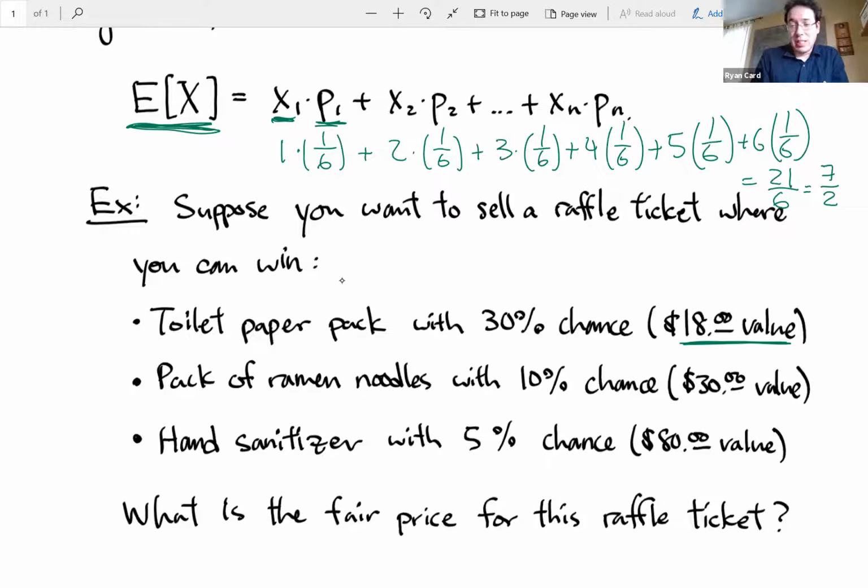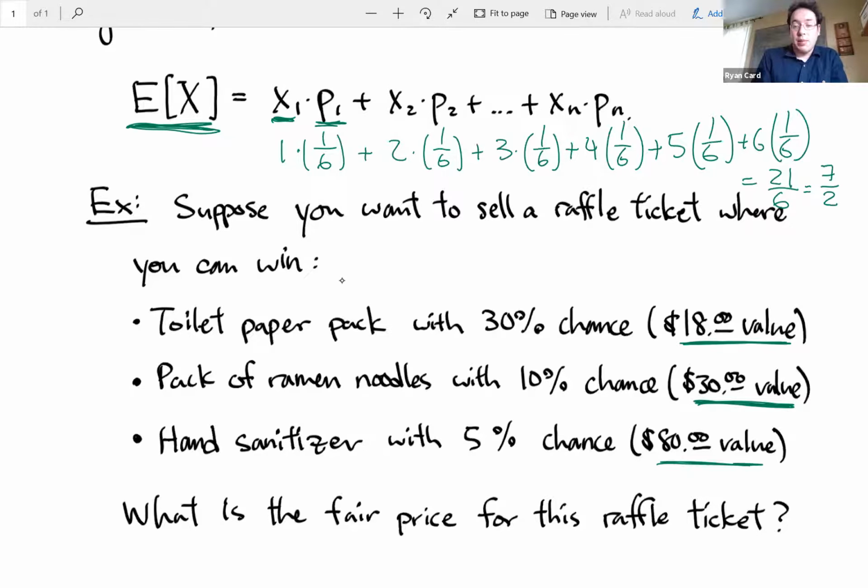So let's just say this is the value that we take. And a pack of ramen noodles, you could win with 10% chance, and very surprisingly, this was going for $30 on eBay. And hand sanitizer with 5% chance, and this was going for $80 on eBay.